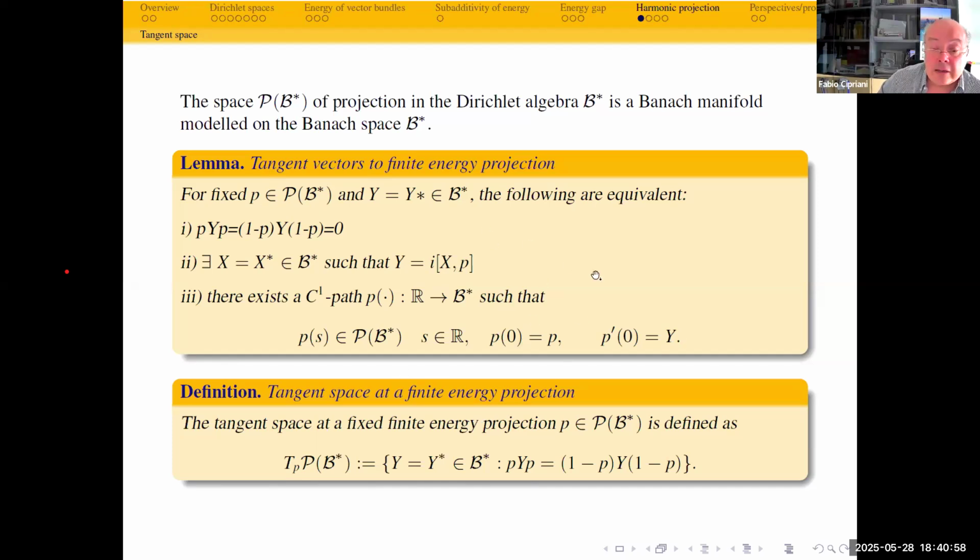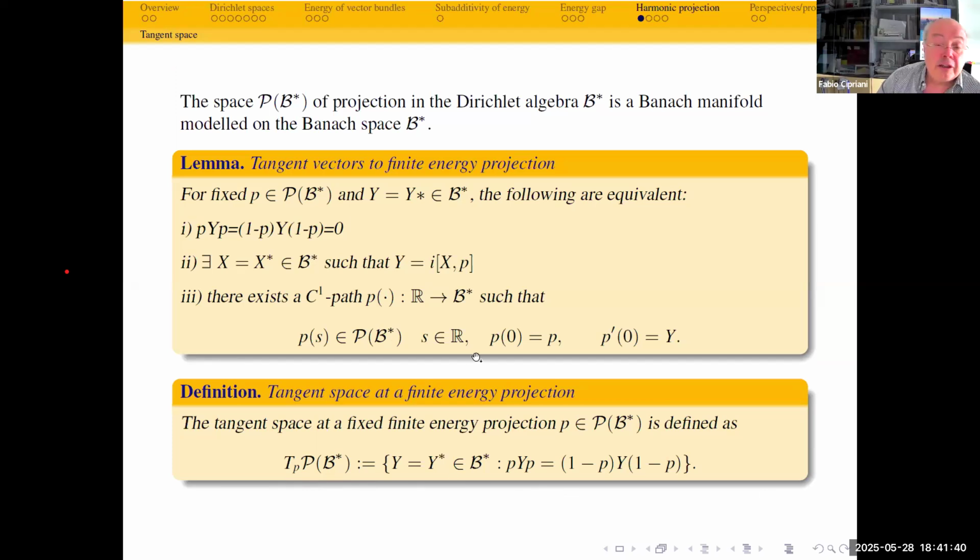These are equivalent ways to think of the tangent vectors, and allow us to define the tangent space of the projection manifold of B star, of the Dirichlet algebra, at P as the set of self-adjoint elements of the Dirichlet algebra which verify, for example, this identity here. This has to be considered as the tangent space to this manifold.